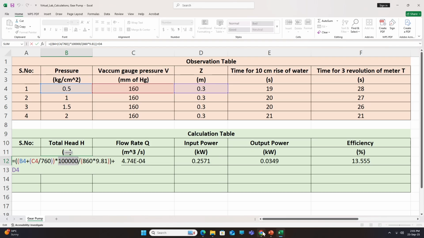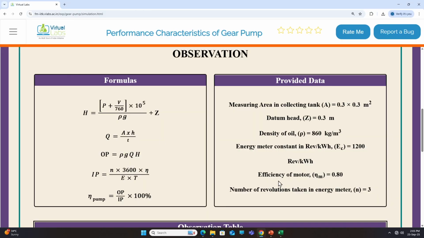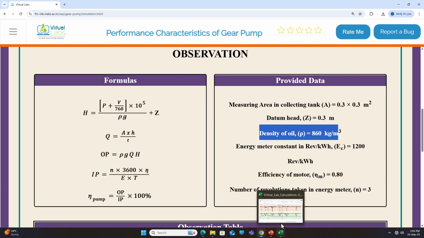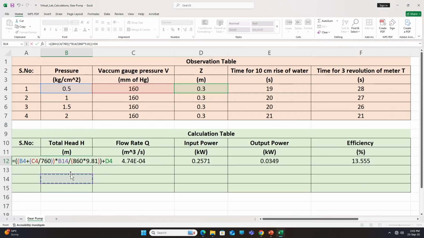So what is this? 860 is the density of oil, it is rho, into G plus Z. Z is 0.3. So this is the value of the head, total head that is gotten.